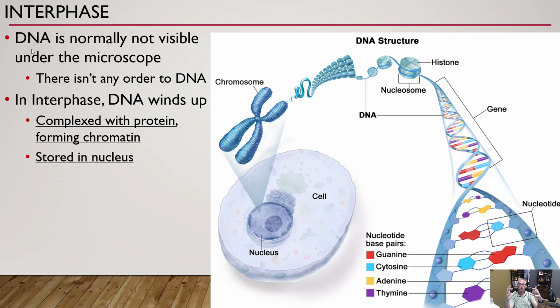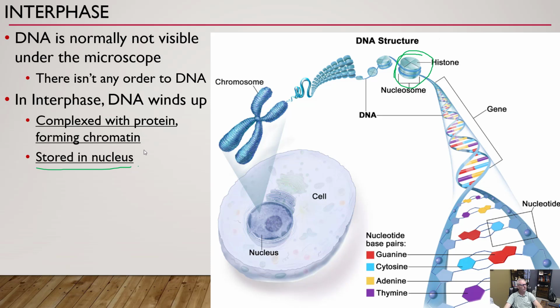And then at some point in interphase, right before mitosis happens, this DNA kind of coils up into chromosomes, and it's basically complexed with this protein called chromatin. You can see that they're wrapped around these things called histones, and obviously that's going to be stored in the nucleus.